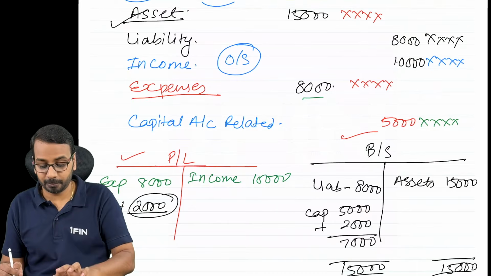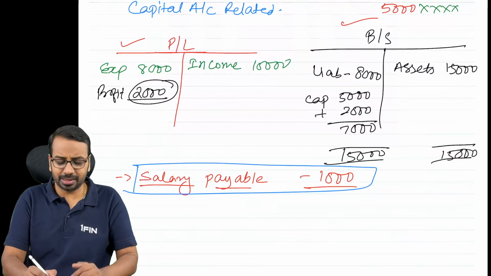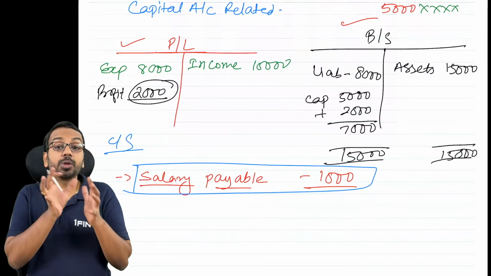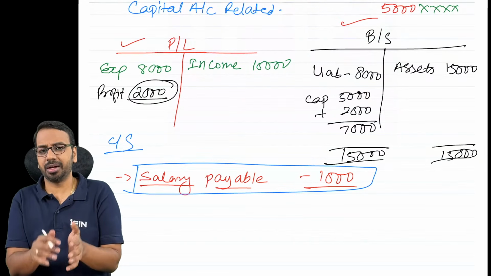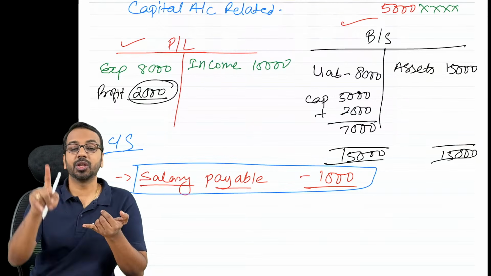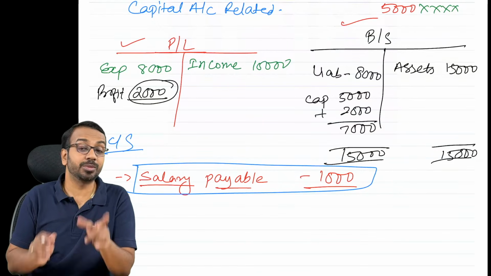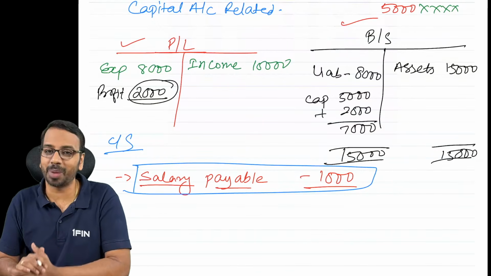Now, if something has come in the adjustment, a classic example again, closing stock. If closing stock is given in the adjustment, you will do the adjustment 2 times. First time, the closing stock will go to the credit side of the P&L, and second time, it will be shown as an asset in the balance sheet.